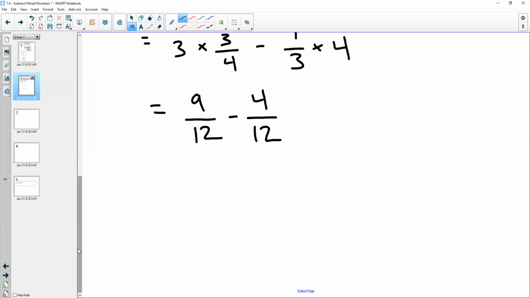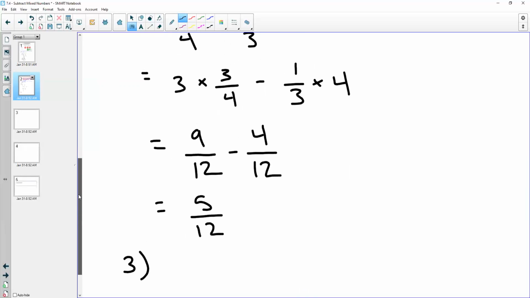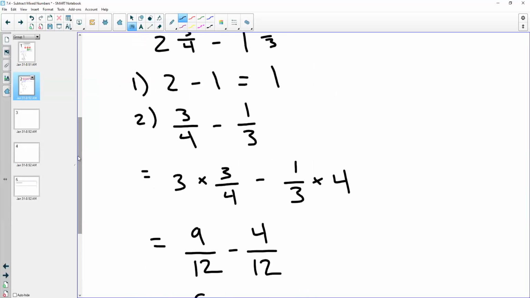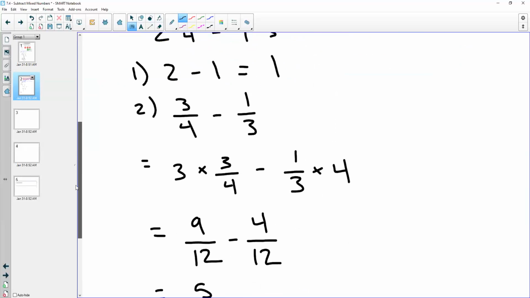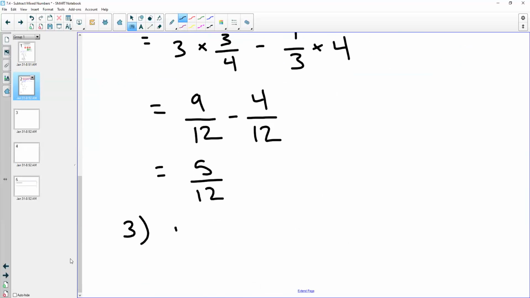Now that we have a common denominator, we can just subtract the numerators. So 9 minus 4 is equal to 5 over 12. Now for step 3, we need to combine our answers. So 1 whole and 5 twelfths will be our answer.